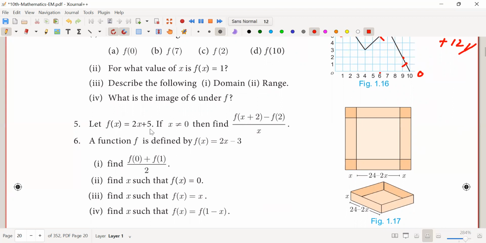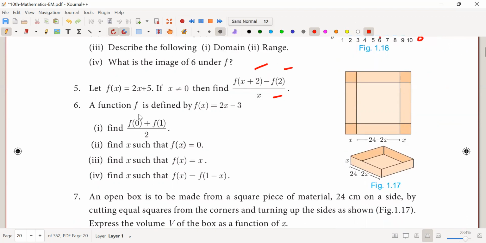Then f of 2 is 2 into 2, 4 plus 5. This is x, this is not f of x. First, we have to find this value, subtract this value, and divide by x to get the result.